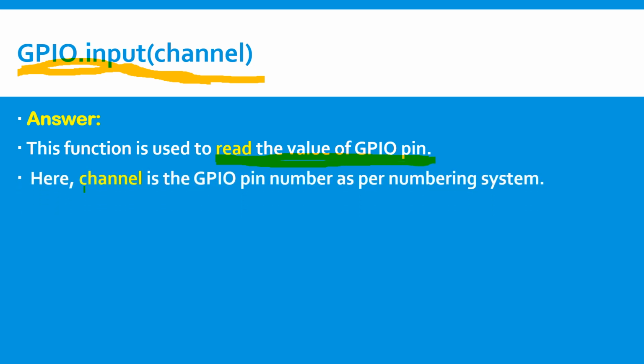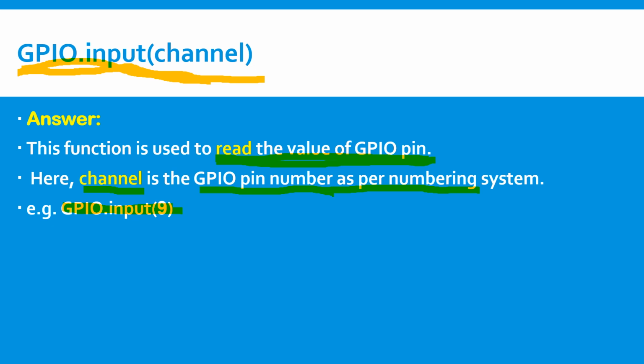Here, channel is nothing but the GPIO pin number as per the numbering system. For example, GPIO.input in bracket 9.